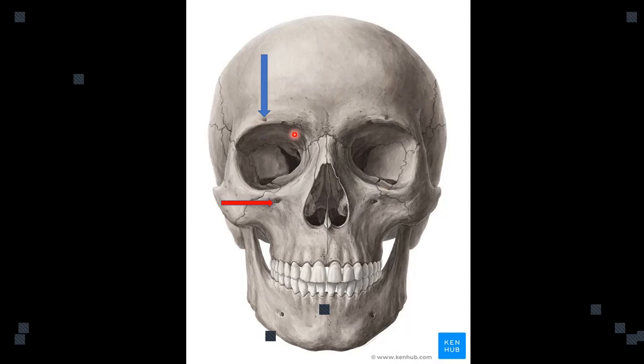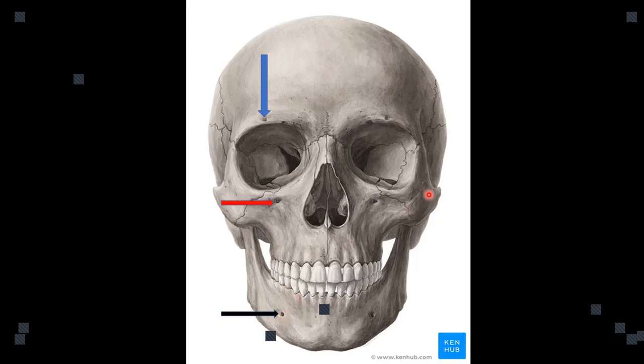Remember, the infraorbital artery is one of the branches from the third part of the maxillary artery, and the infraorbital nerve is actually the terminal branch of the maxillary nerve. Okay, and then that's your mental foramen there. Through the mental foramen you have the mental nerve and vessels passing. The mental nerve and vessels are actually terminal branches of the respective inferior alveolar neurovascular structures.